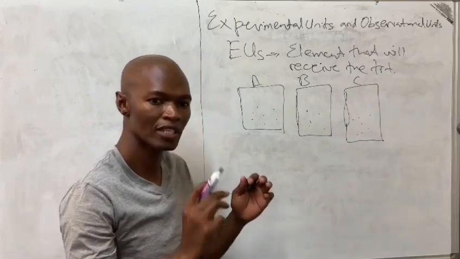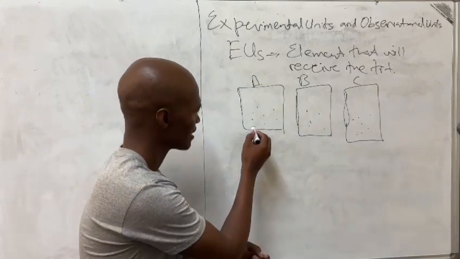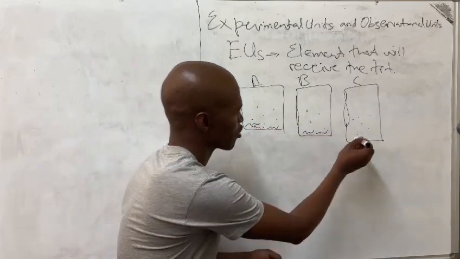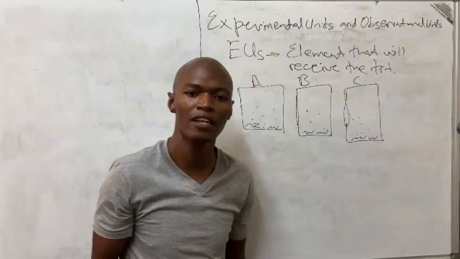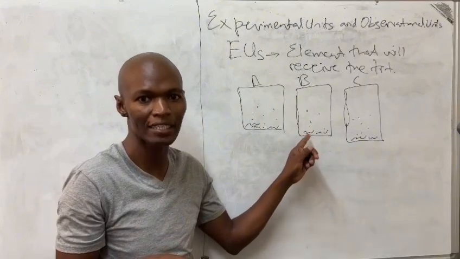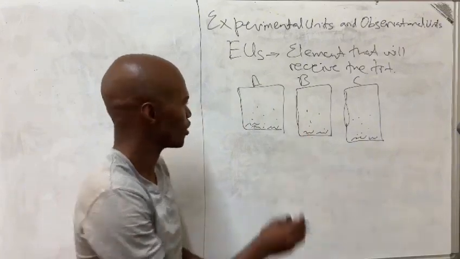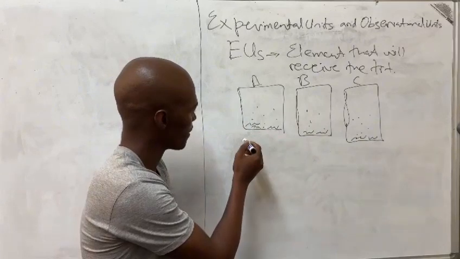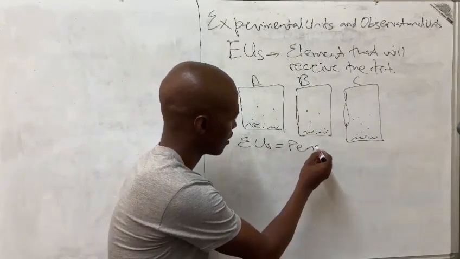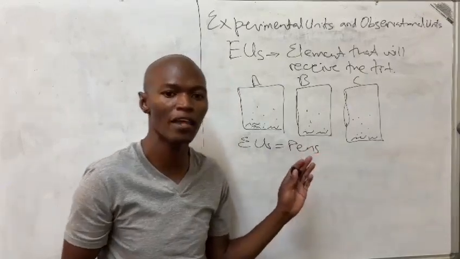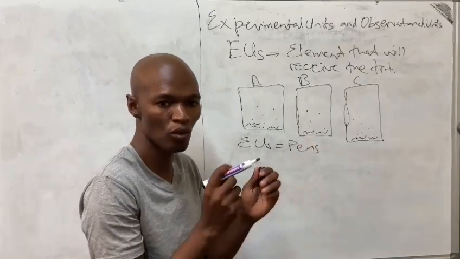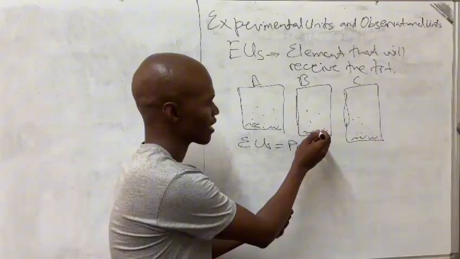You take your treatment and you put it inside the pen. Then your animals will eat the treatment. By doing that, you have to know that the experimental units are the pens. Why? Because what receives the treatment is the pen. You just took the treatment and put it inside the pen.